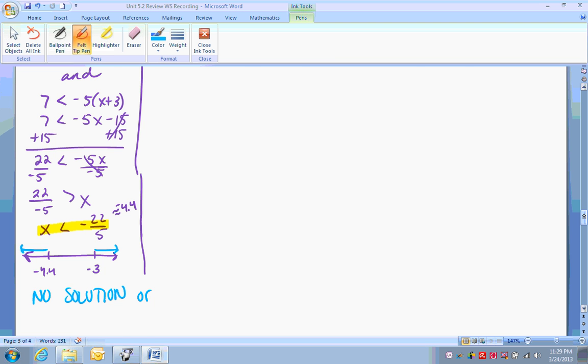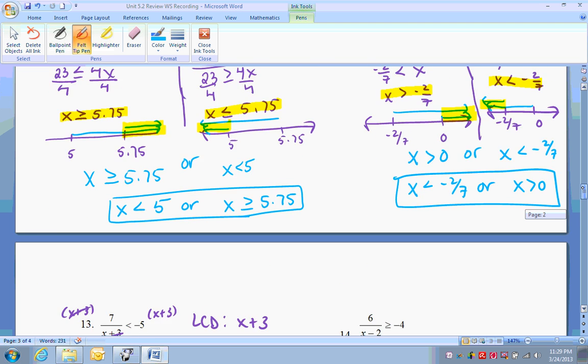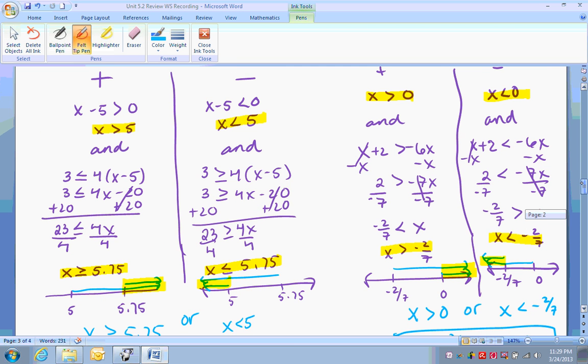Now, before I look at the negative side, let's look up at the last two problems we did. If you looked at the highlighted areas, you notice we have an x is greater than 5 here and an x is less than 5 here. Well, all that happened was the sign changed. Look at the same thing in the second bit of information. X was greater than or equal to 5.75, and here it was x is less than or equal to 5.75.